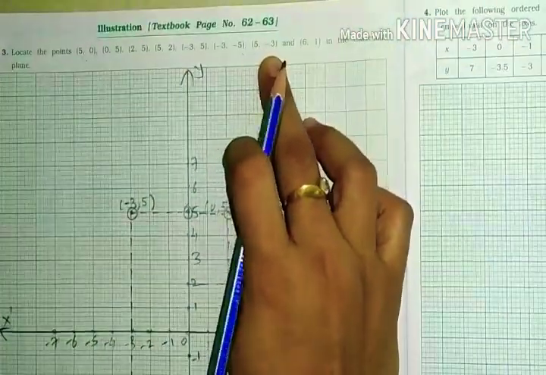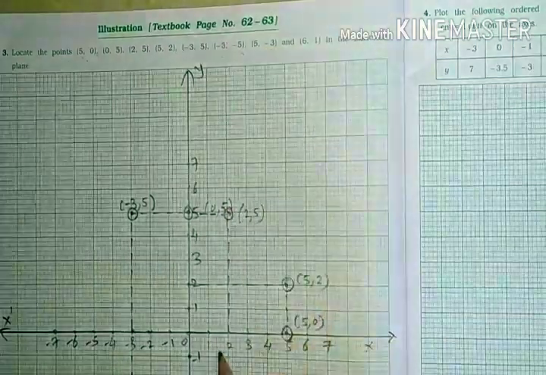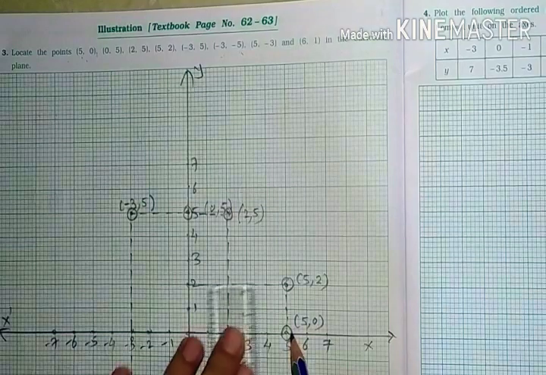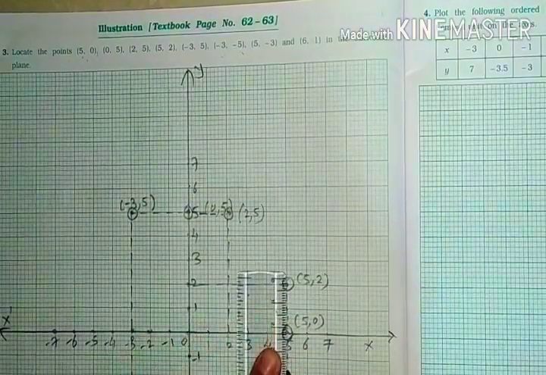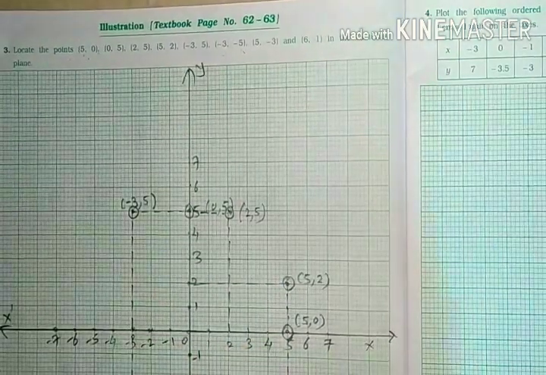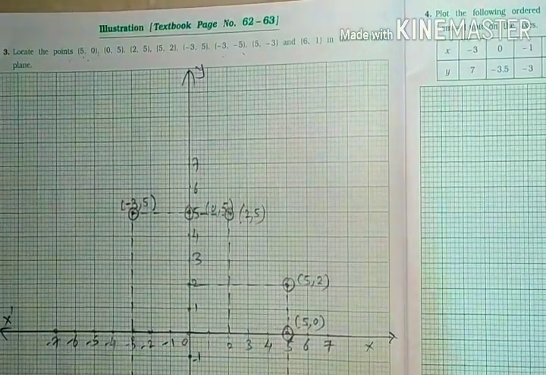(5, -3). X coordinate is 5 and Y coordinate is -3. X, 5, 1, 2, 3, 4, 5 and Y coordinate is -3. Therefore the point is located in, very good, the fourth quadrant.